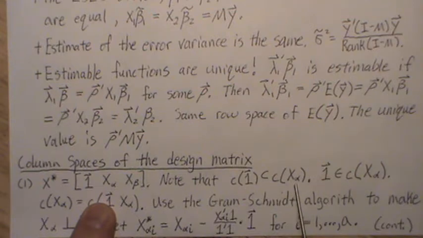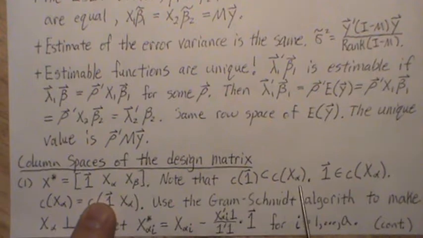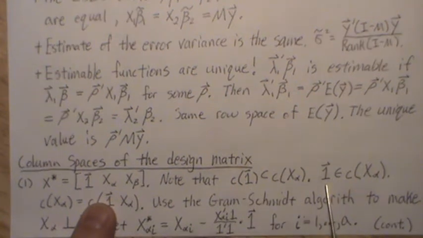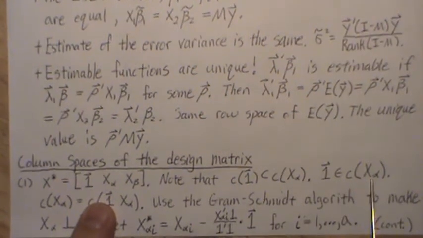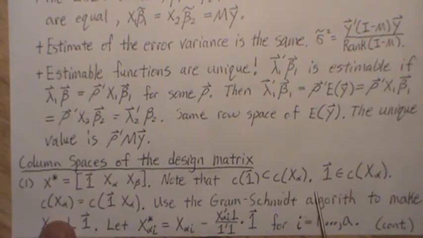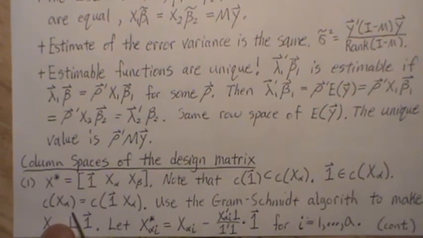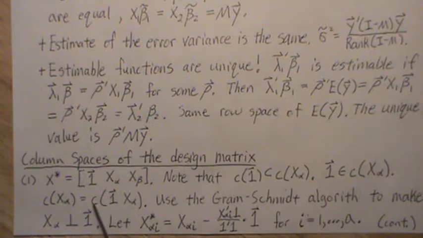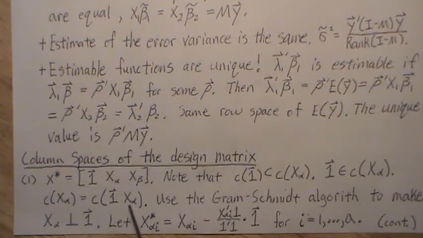If we add all the columns of X alpha, that actually equals 1. So this is part of that, and the 1 vector is an element of this. So that means that the column space of X alpha is equal to the column space of 1, X alpha, right? Because this is part of this, so it's redundant, so it doesn't change.